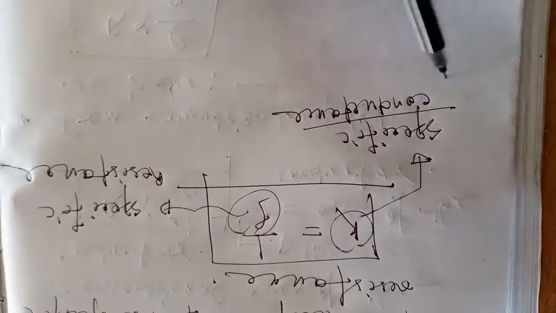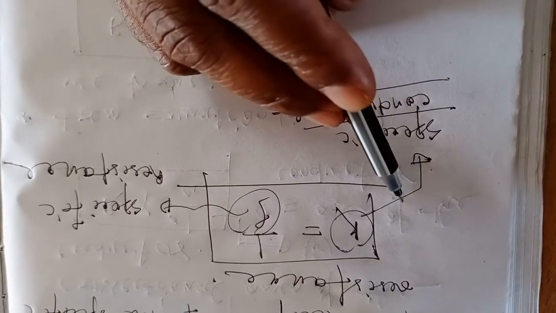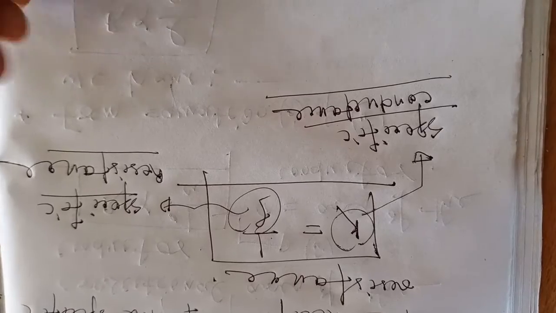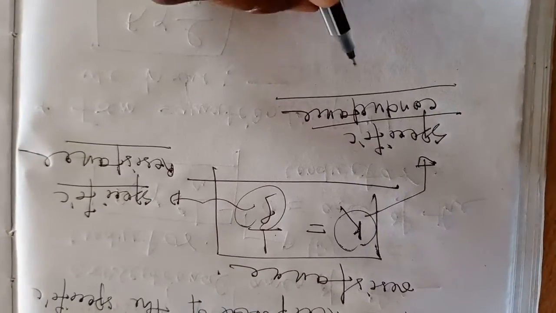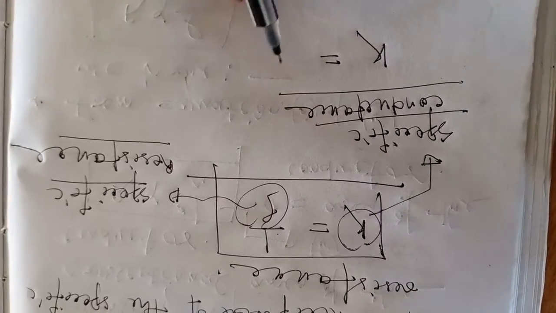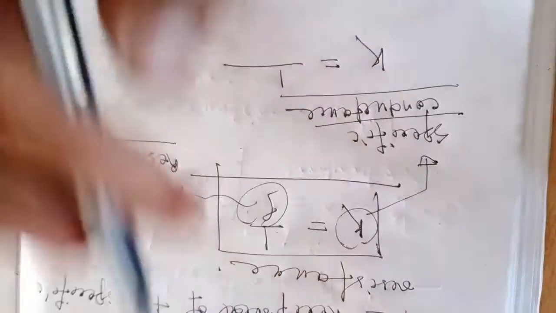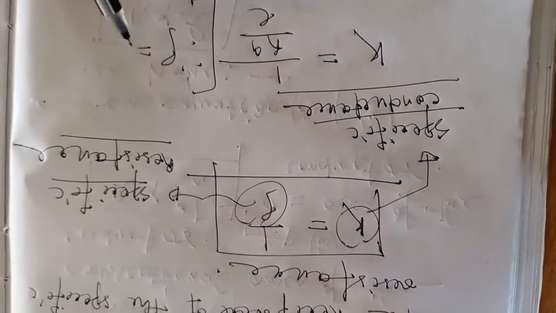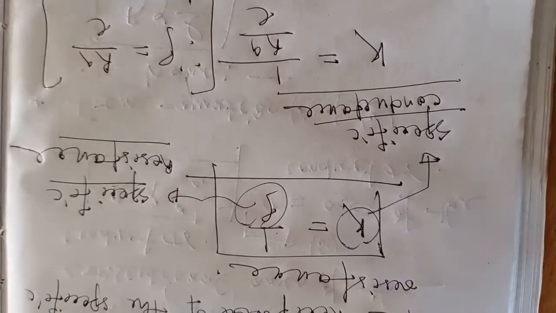So the specific conductance we got from the conductance, and the specific resistance from the resistance. We know that K equals 1 by rho, and the value of rho is RA by L.